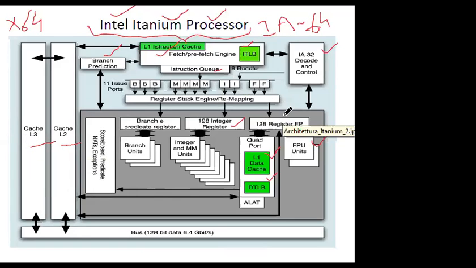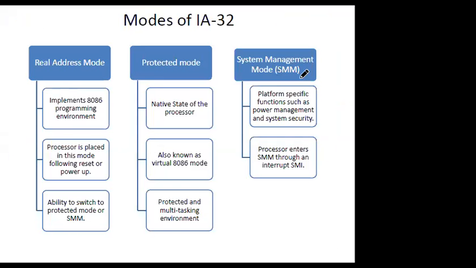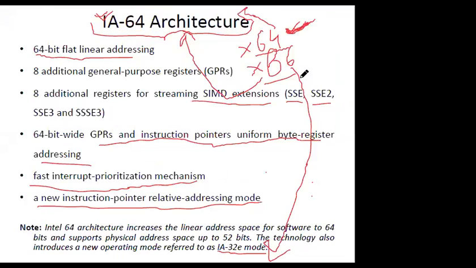So this is just to tell you an example of IA64 architecture. You need not remember or memorize it. This is just an example. What we have to study, as mentioned in your syllabus, is IA32.